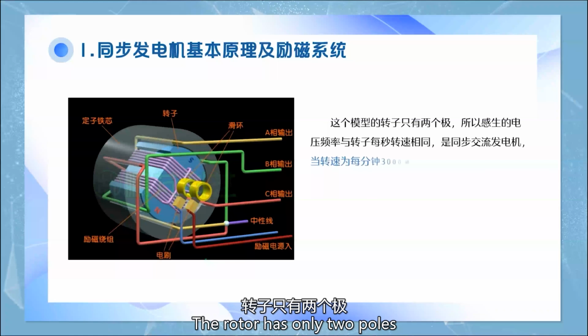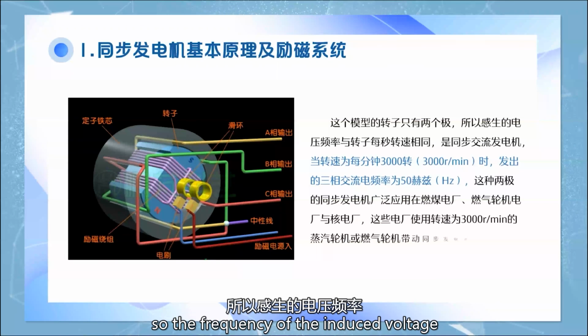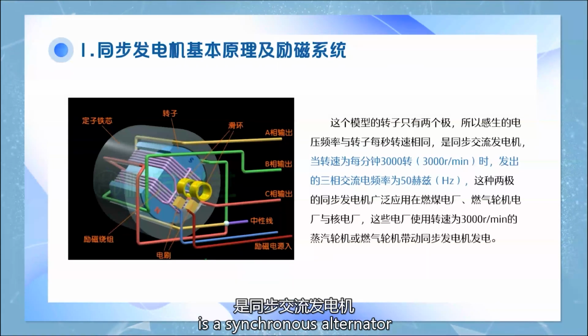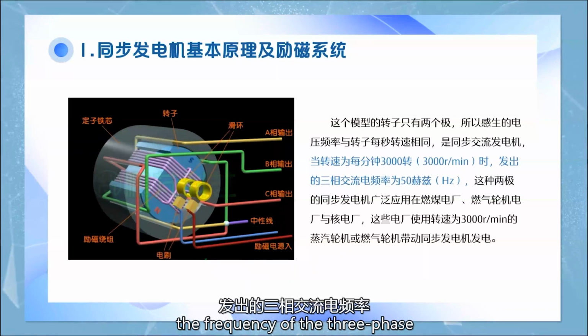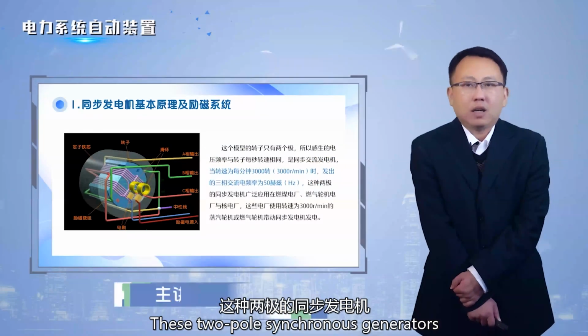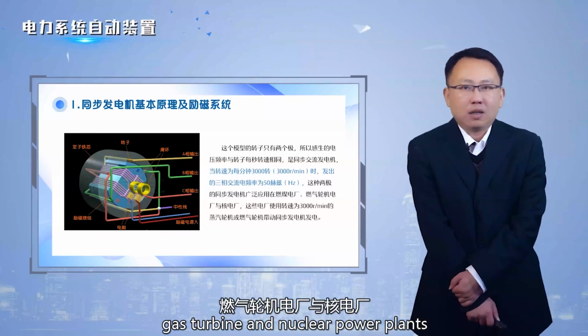The rotor has only two poles, so the frequency of the induced voltage, which is the same as the rotor speed per second, is a synchronous alternator when the speed is 3,000 revolutions per minute. The frequency of the three-phase alternating current emitted is 50 Hz. These two-pole synchronous generators are widely used in coal-fired, gas turbine and nuclear power plants.